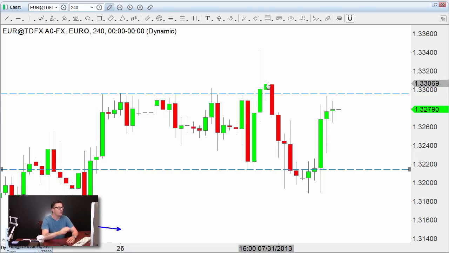However, when the market does something like this, where we get a false breakout followed by another breakout in the opposite direction, so the market breaks out to the high side, then breaks out to the low side, there is a very high probability that this is the official breakout. This is the direction that the market is going to go in.